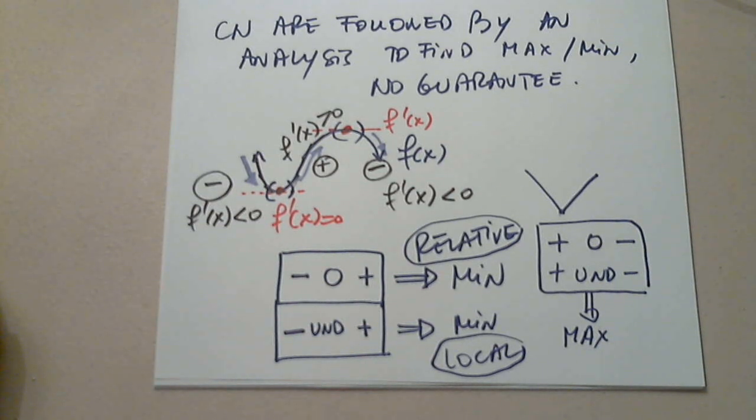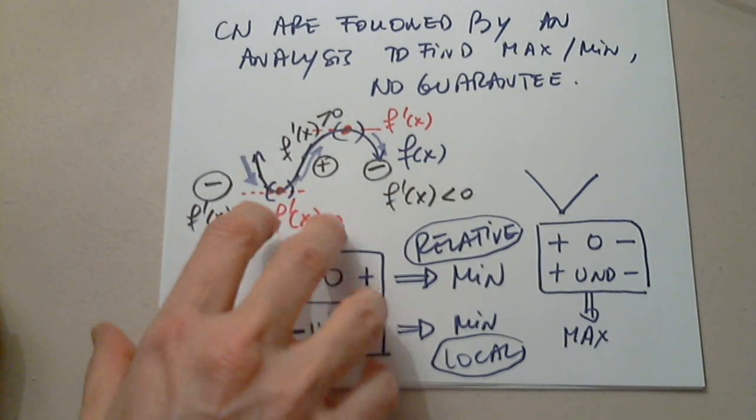So they want us to identify critical numbers or values, relative max, relative min, relative minimum points, and relative maximum points. Okay. So let's look at 3. Can anyone give us a critical number for number 3?